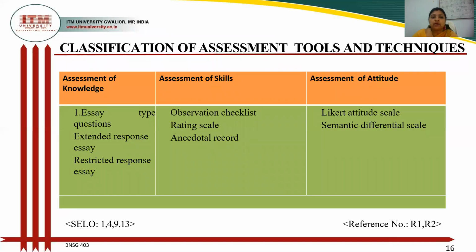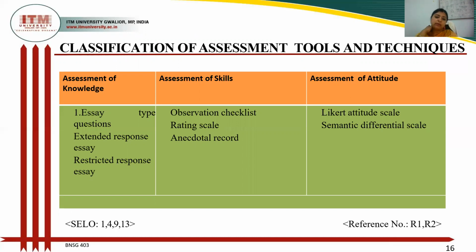So the classification of assessment tools and techniques, how we are assessing it. Assessment of knowledge is done through essay type questions. In essay type questions, we can go for the extended response essay or the restricted response essay. Extended is for lengthy essays. Restricted is on short points, where we can complete the essay in a few words only.